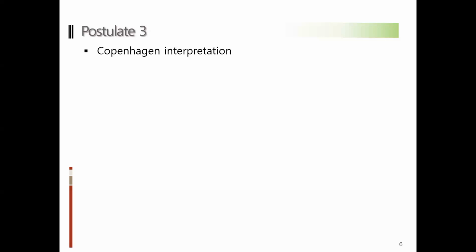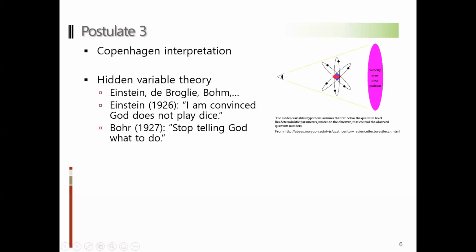So there were a lot of complaints from Einstein, and he even came up with a clever idea of how he could disprove the Copenhagen interpretation. The most famous one is something called the EPR state.